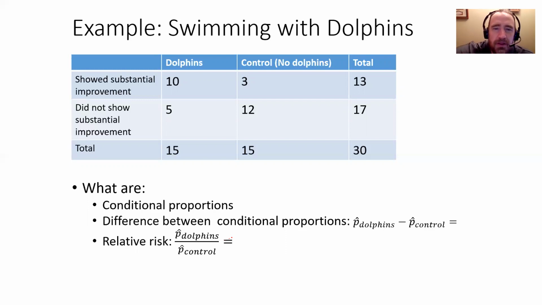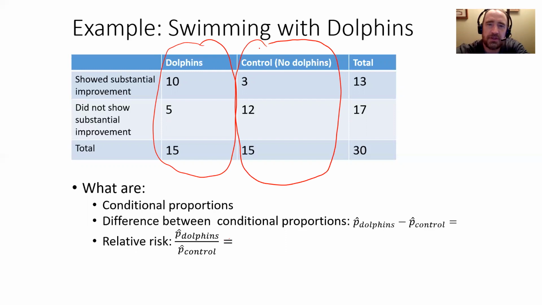Okay, so what are the conditional proportions? Well, we've got our two categories in our explanatory variable, swimming with dolphins or swimming without dolphins. And conditional proportions are simply the proportion of success in each of those groups. So p hat for my dolphins is how many successes I saw. Here, 10 showed substantial improvement out of the 15 total.